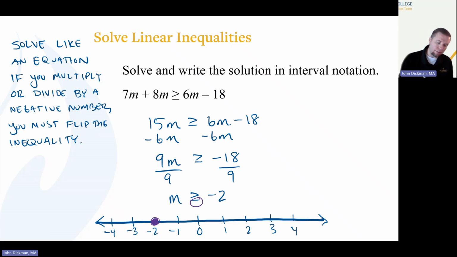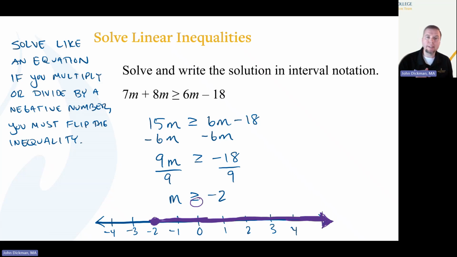So we show that on a number line by filling in the circle. And then every answer that is to the right of that is greater than that number, is a solution to this problem. So I can pick anything along the purple here, and that will be a solution to this. It will make the original equation true.